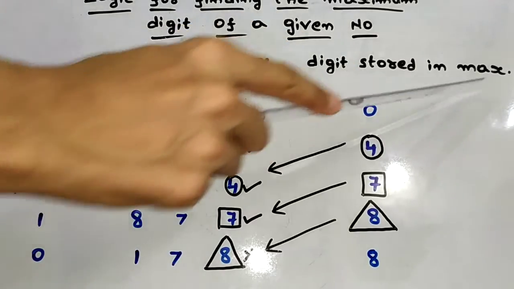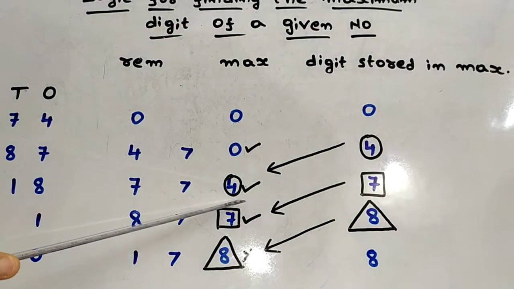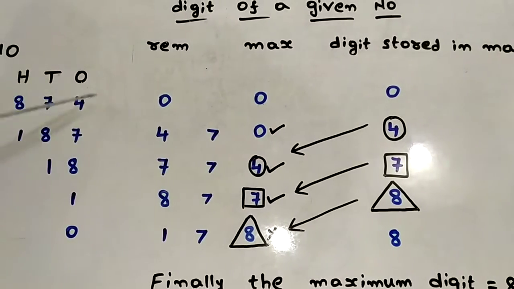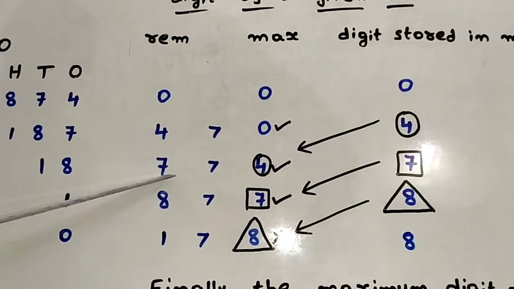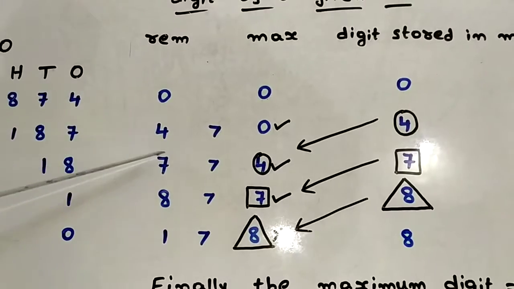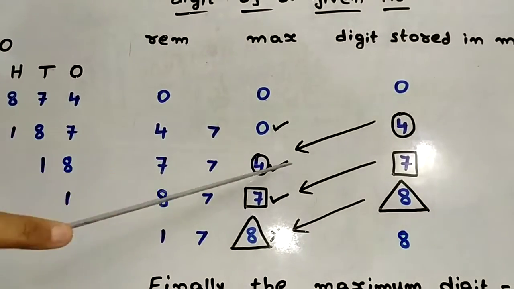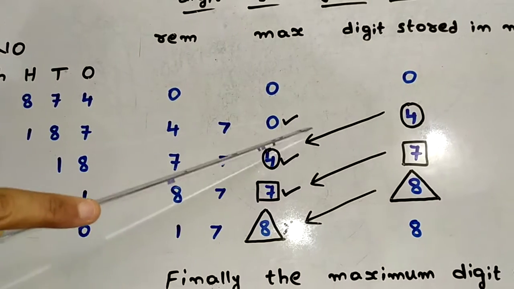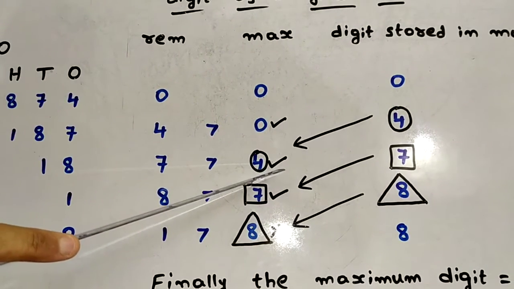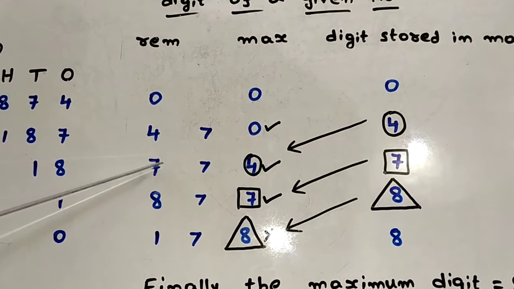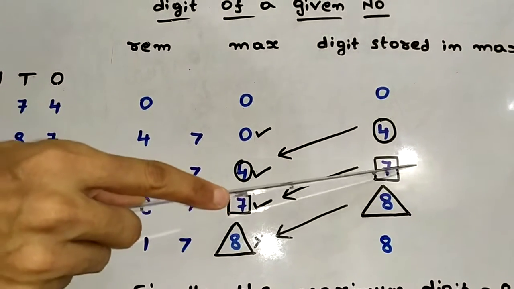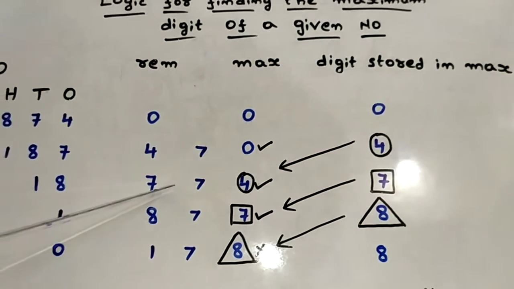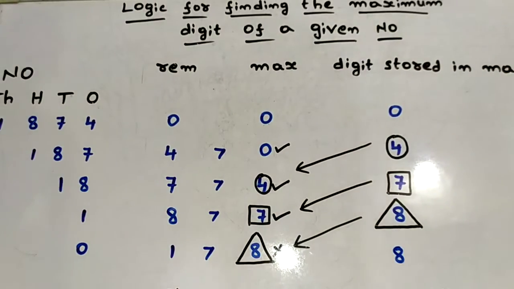The 4 present within the max variable is compared with the 7 which is extracted from the units place. 7 greater than 4 is true. Because it is true, the maximum value is stored within the max. The greater value is 7, so 7 is stored.